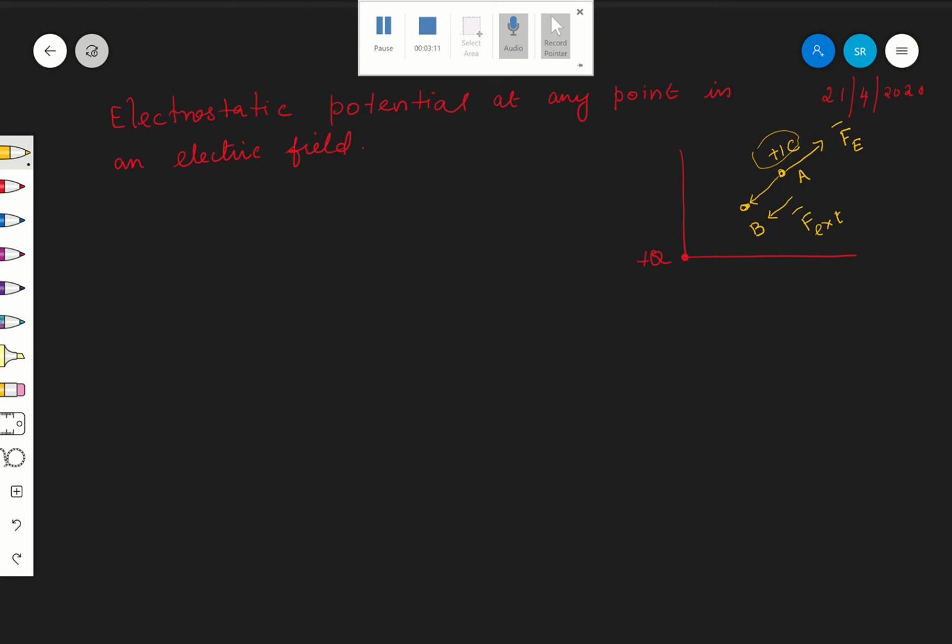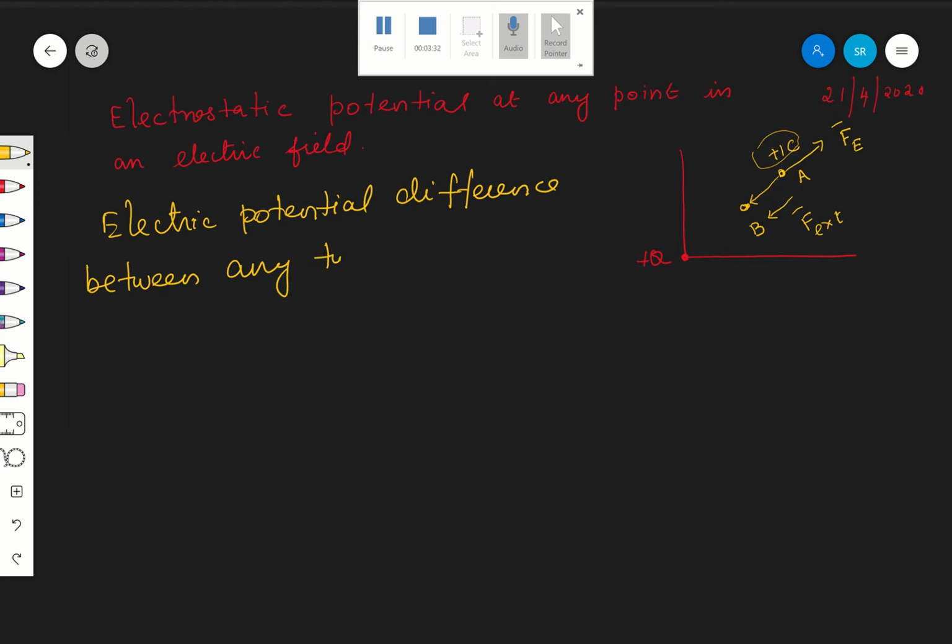Therefore, that is what is called the electrostatic or electric potential difference between any 2 points in an electric field.